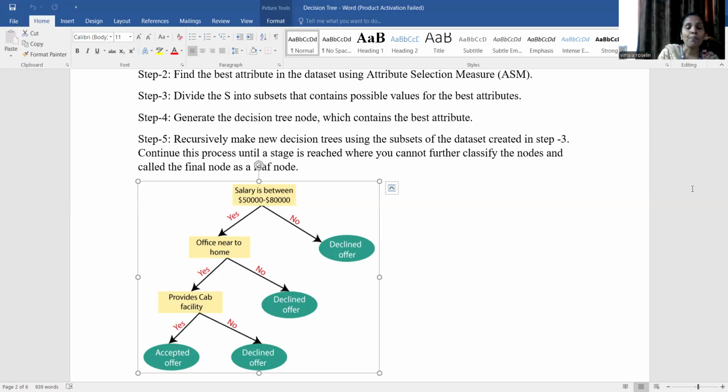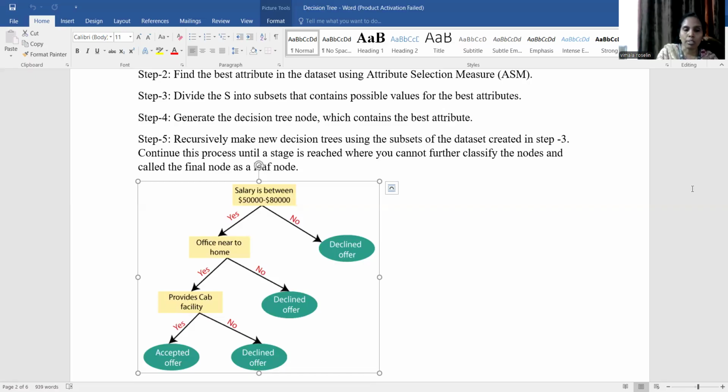That is there in the leaf node. So what is the leaf node here? Again a subtree. So the salary is in this range and the office is also near to home. Then again check one more condition: whether the office will provide the cab facility or not. That condition also they are going to check before taking the offer.